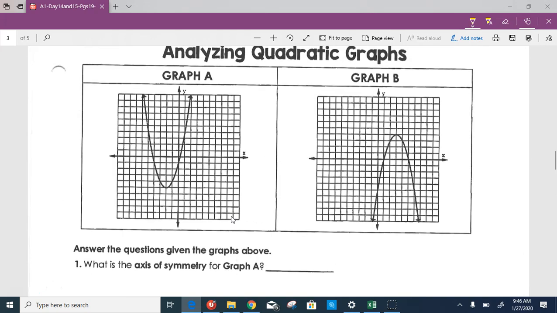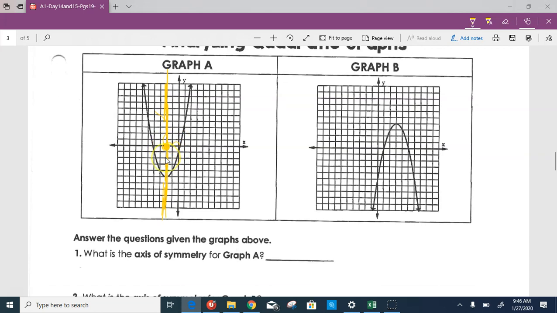So number 1, what is the axis of symmetry for graph A? The axis of symmetry is a line that cuts the parabola in half that goes through the vertex. This line right here. You get the equation of the line by finding wherever it hits the x-axis. It hits the x-axis right here at -2.